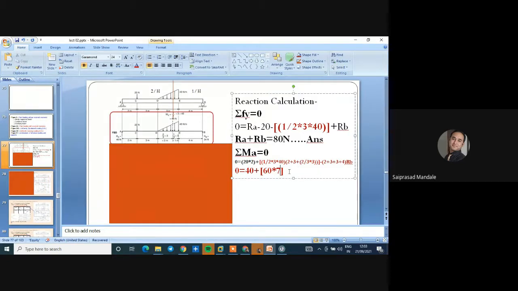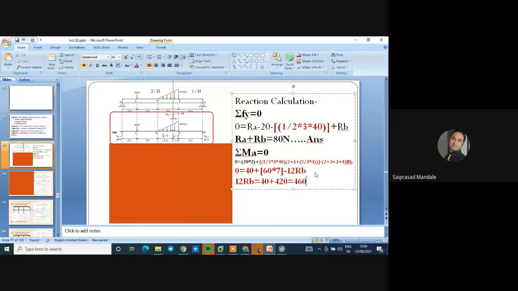Okay, then minus how much RB? 4, 3, 6, 4, 10, 12. So 12 RB is equal to 40 plus 420, which is 460.